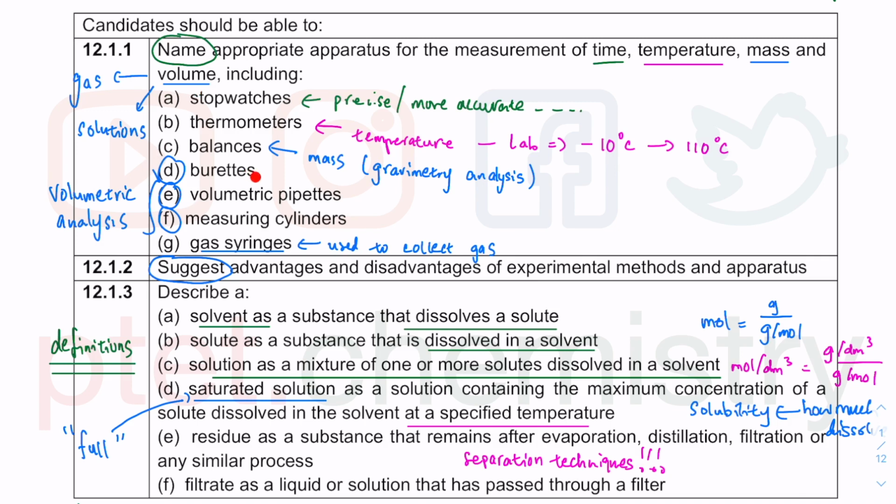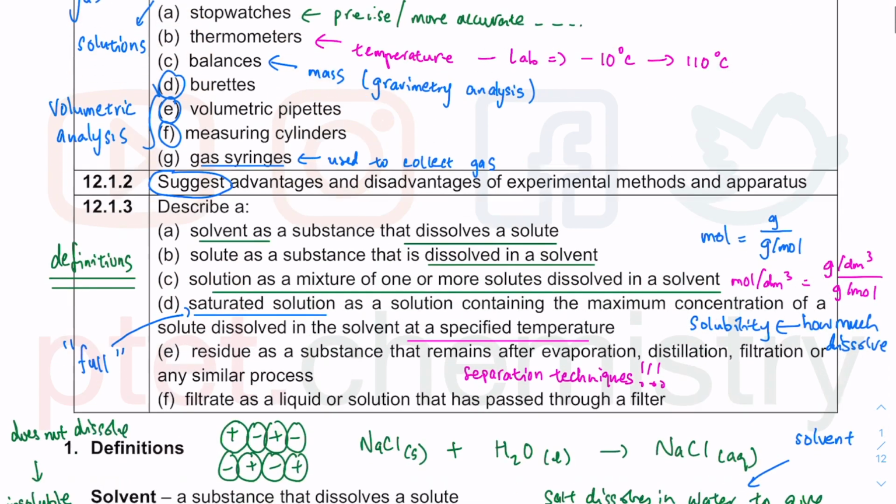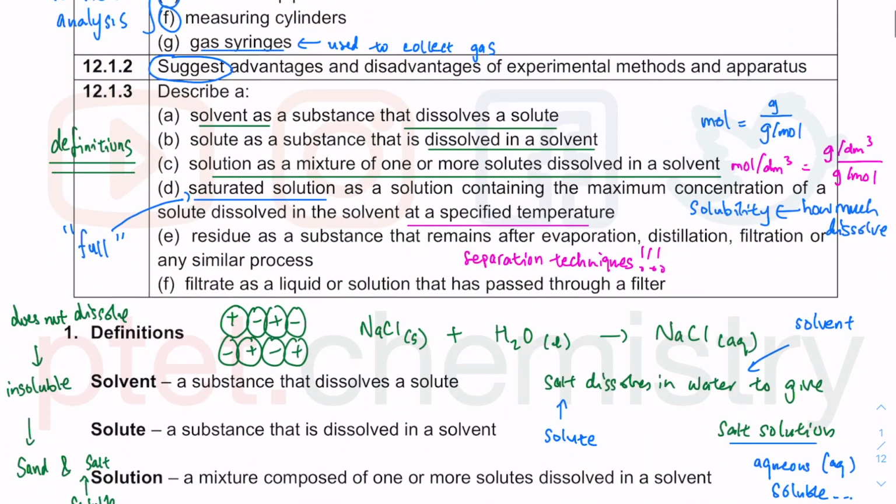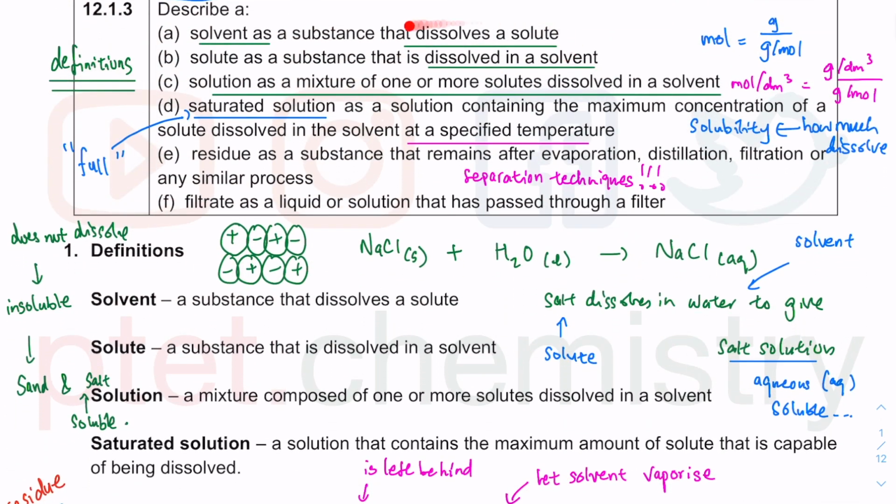Except for the burette and pipette, which you might not have seen in physics, but now that you have done the titration experiments, you can recap and review your experience as well as your titration worksheet from the previous topic, and think about all those practicals you have done previously. And all of these are just definitions of substances that we will come across in the next subtopic on separation techniques.